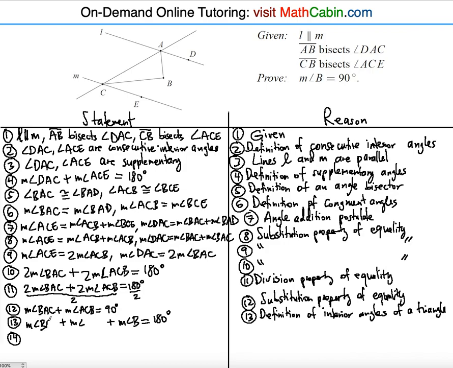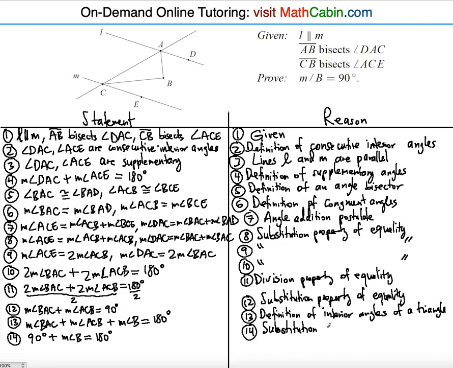You can say BAC first and then ACB, just to be sure that you don't have to use the commutative property. In any case, now you can use direct substitution. So you can say that 90 degrees plus measure of angle B is equal to 180 degrees, and this is simply the substitution property of equality.